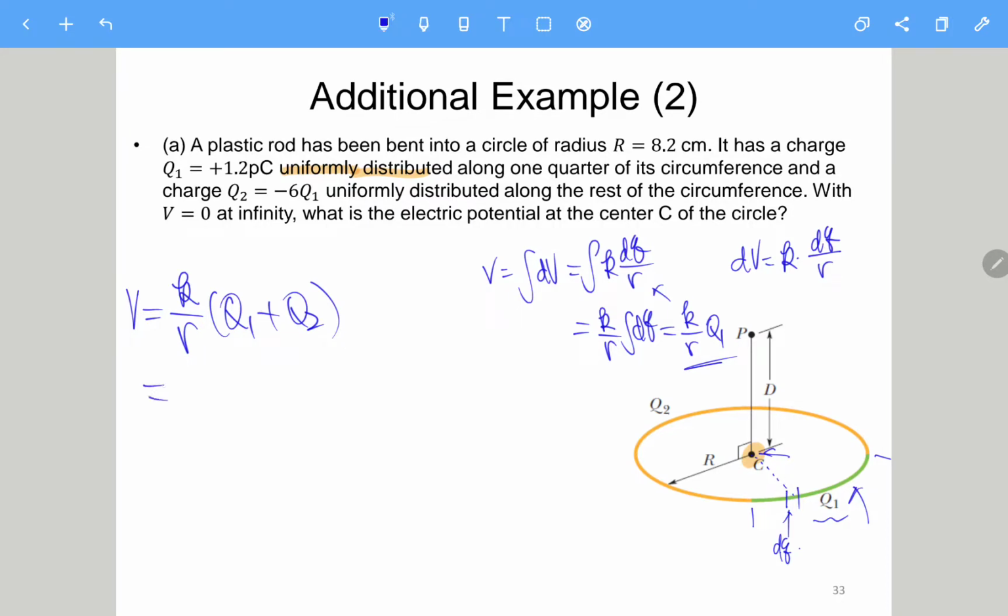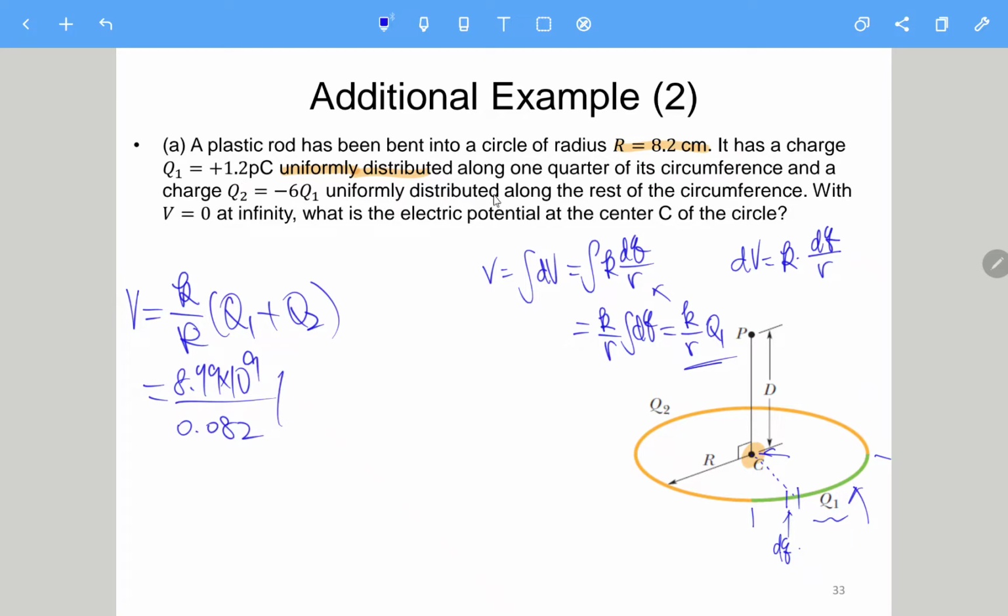So here it is nothing but 8.99 times 10 to the 9th power over capital R. Capital R is 8.2 centimeters, 0.082 meters.